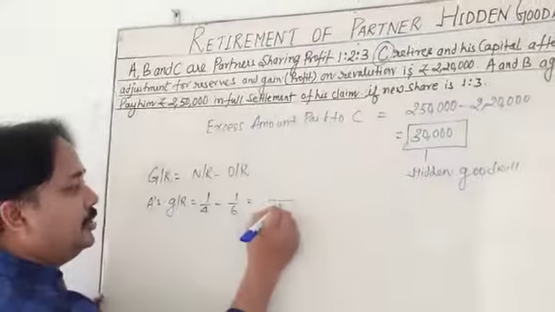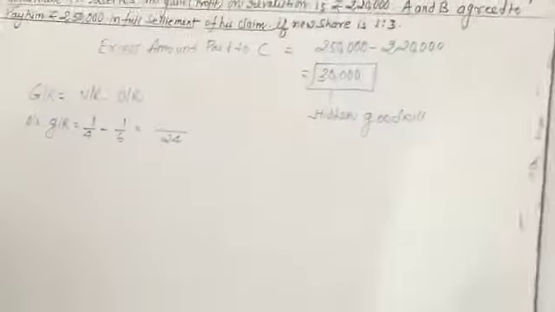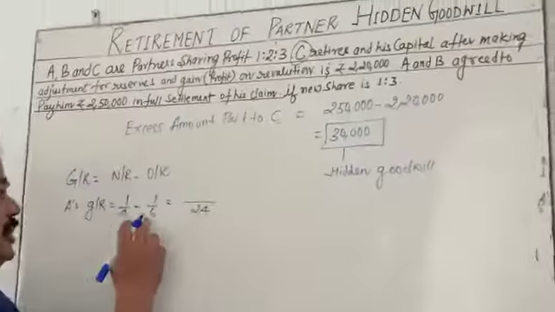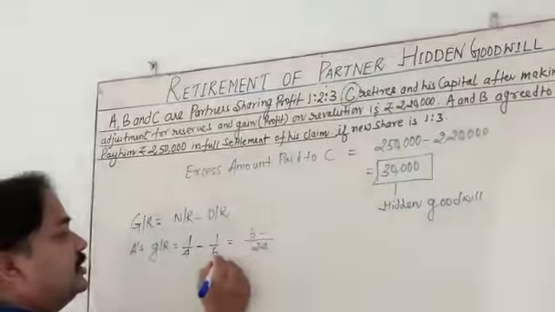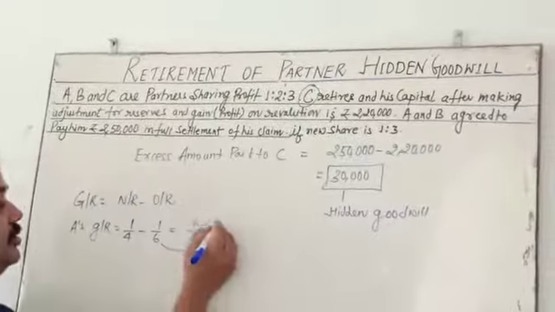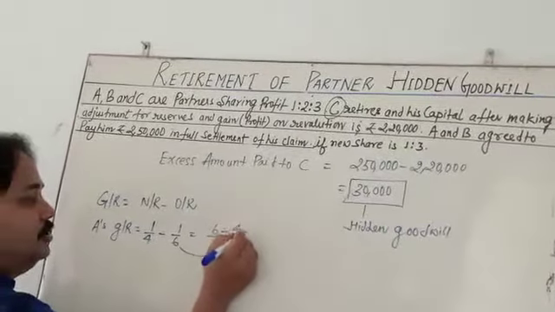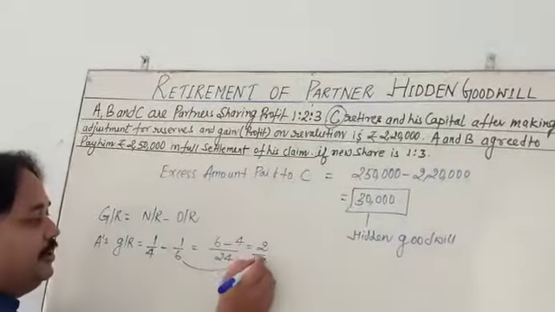Take the LCM of 24: 24 divided by 4 is 6, minus 24 divided by 6 is 4, so you get 2/24.